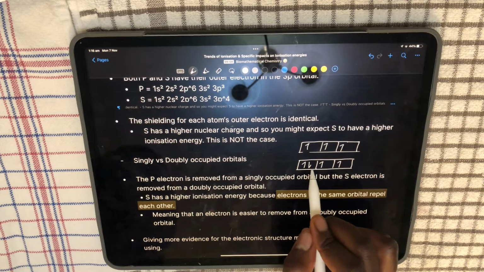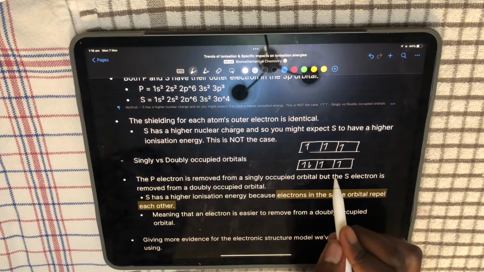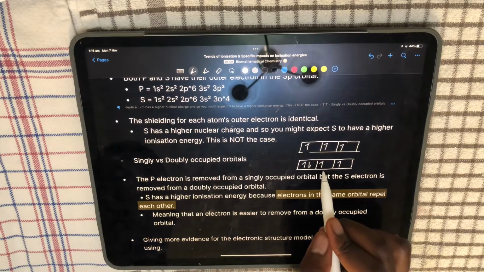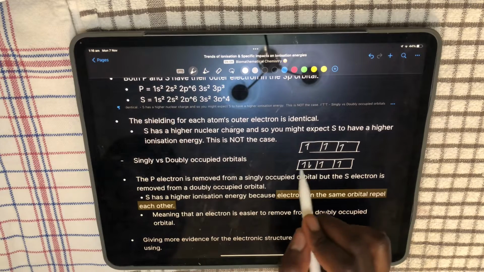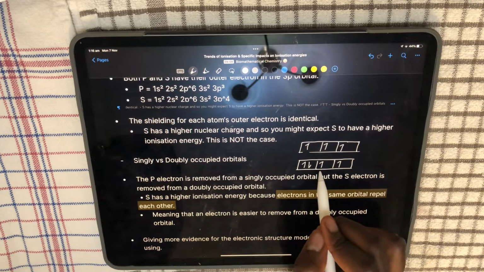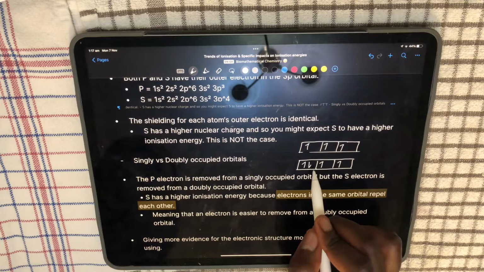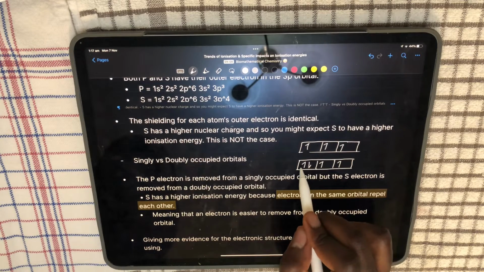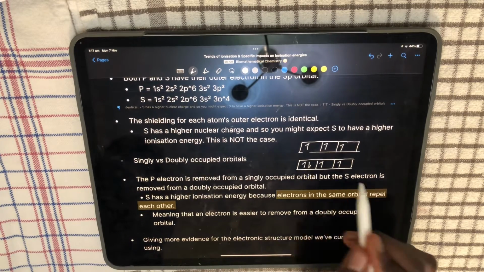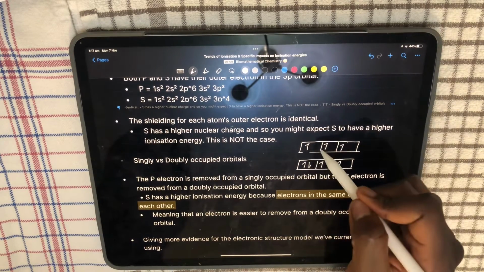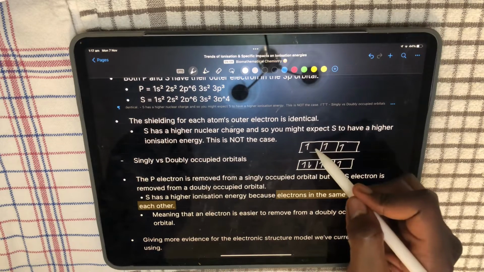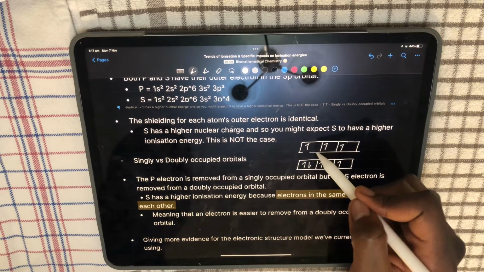That is partly the reason why less energy is required to remove an electron from a doubly occupied orbital, because these electrons are in a pair. Compared with phosphorus, they're all single, so there's no electron in a pair to cause repulsion.